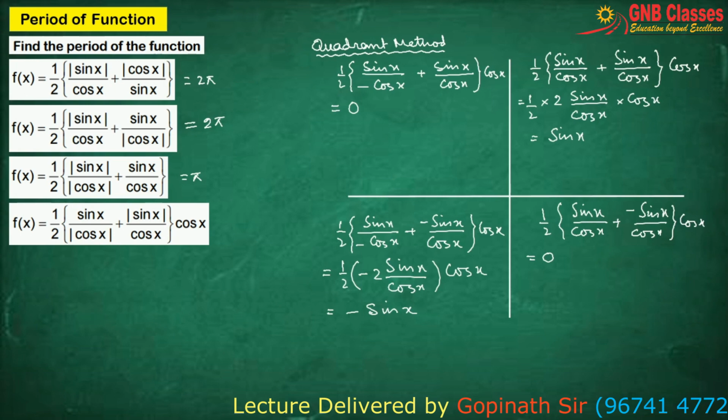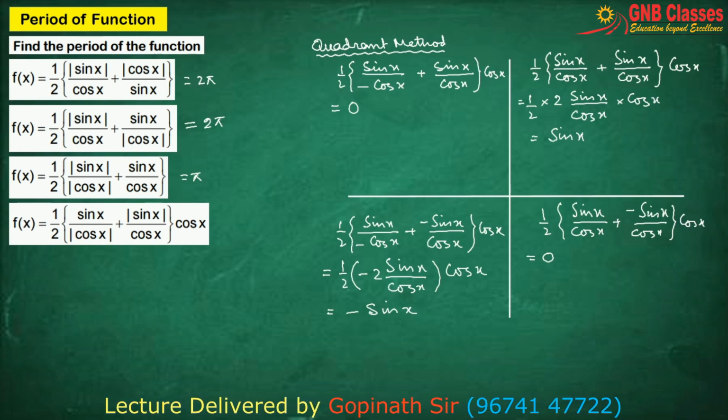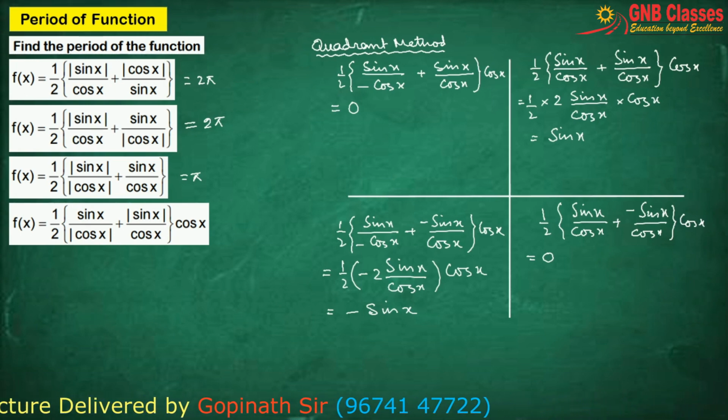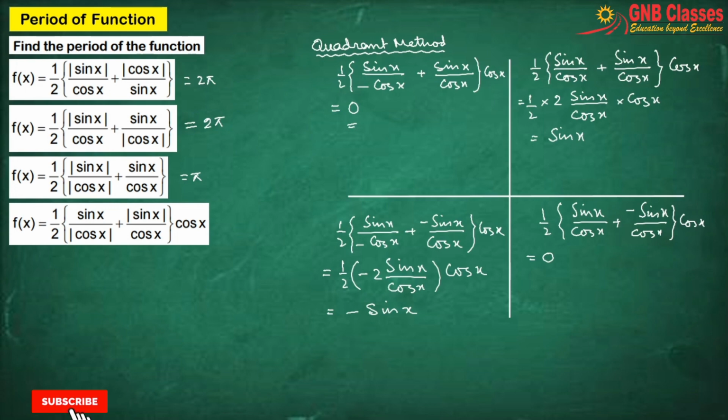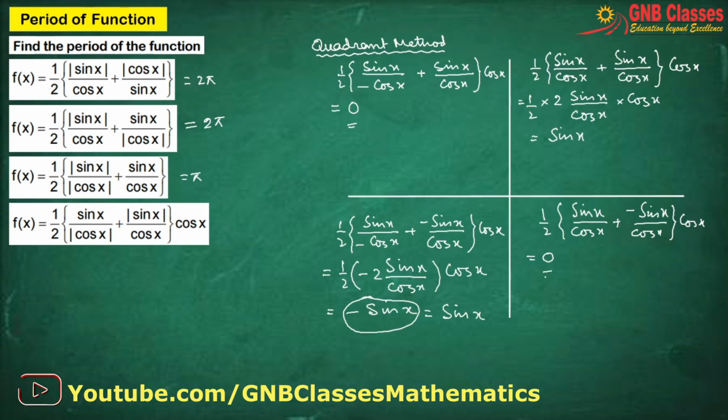Now, the second step, we have to check the sign of the respective trigonometric ratios that we are getting in each quadrant. So, in the first quadrant, sin x is positive, leave it as it is, 0, no need to change anything. In the third quadrant, sin x is negative, so we have to change this minus sin x to plus sin x only. In the fourth quadrant, it is 0, so no need to change anything.